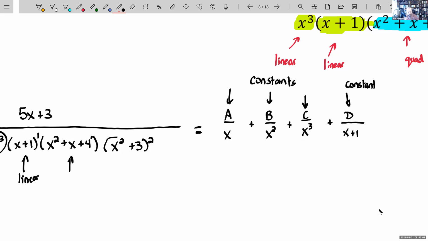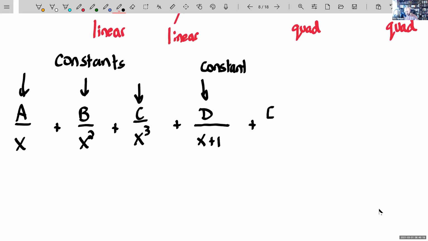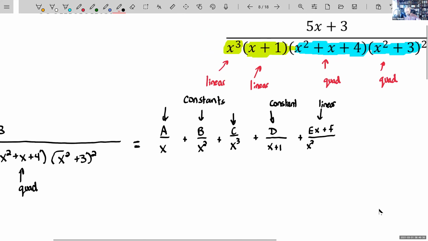This is a quadratic factor, and because it's a quadratic factor, its numerator is 1 power less. It's a linear. So I'm going to go ahead and say plus ex plus f over the irreducible quadratic that we had there, which was an x squared plus x plus 4.